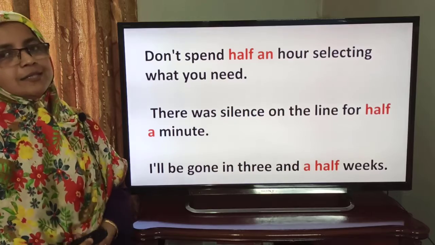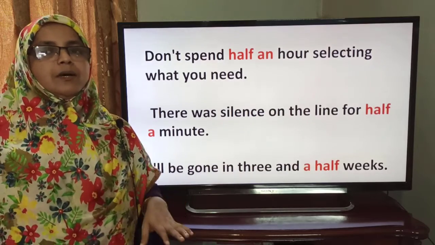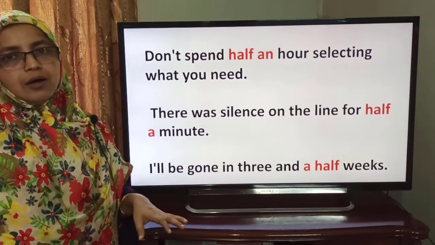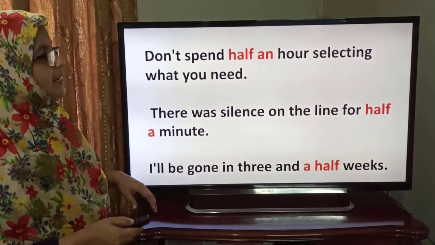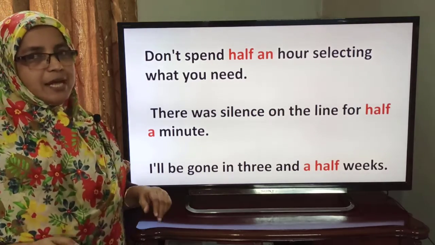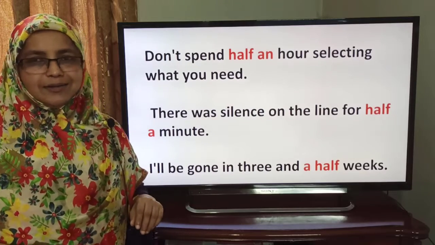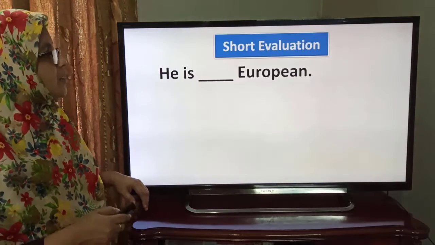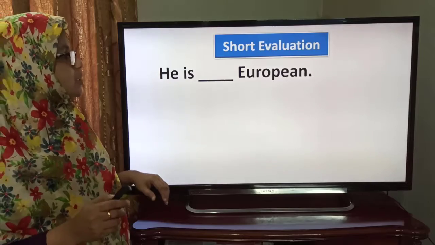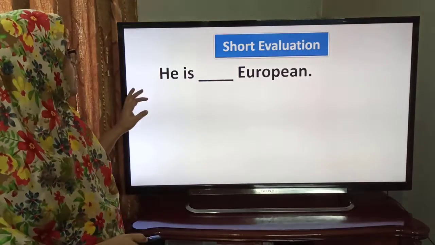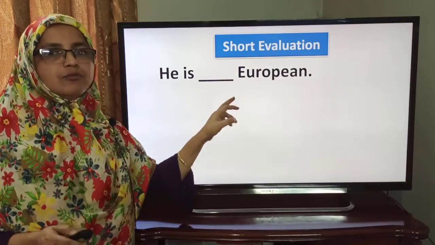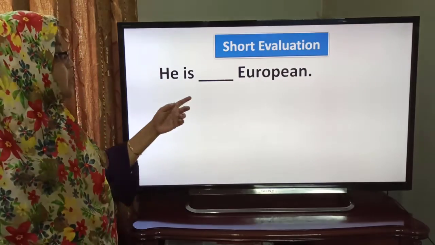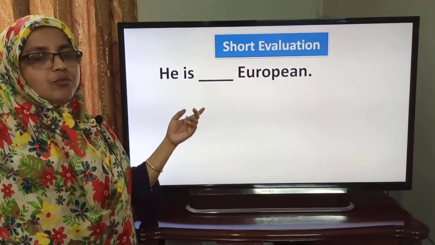So dear learners, we have seen some basic rules of the indefinite article. Okay, let us check what we have learned with a short evaluation. He is European. You know E is a vowel, so what is the word?